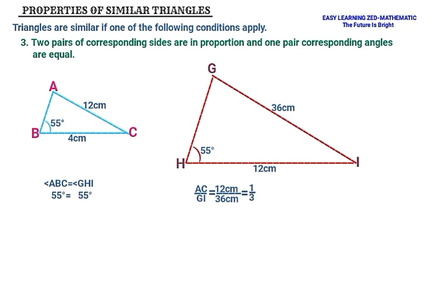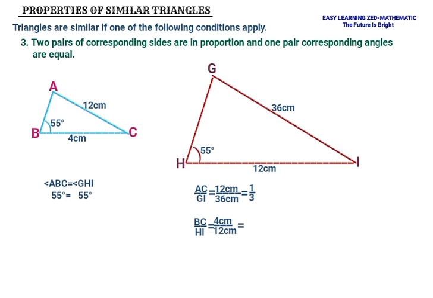Now we can't say definitely these two triangles are similar, because we also need to check the other side, which is the side BC, which is proportional to HI. BC is equal to 4 centimeter and HI is equal to 12 centimeter. So when we divide these two numbers by a common factor, 4 can go into 4 and 4 can go into 12.